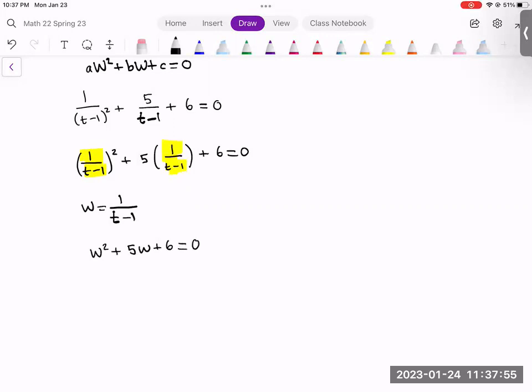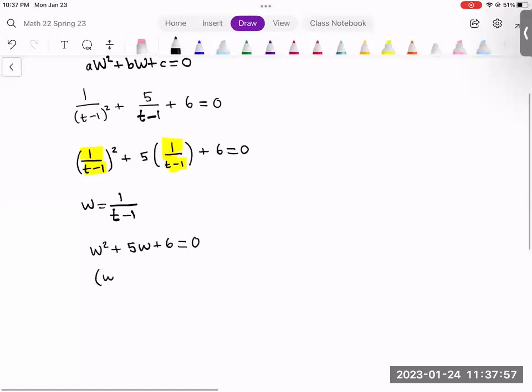And now we're going to factor this. So we get w plus 2 times w plus 3 equals 0. Because we wanted two numbers that multiply to 6 and add up to give us 5. So w plus 2 is 0, or w plus 3 is 0.